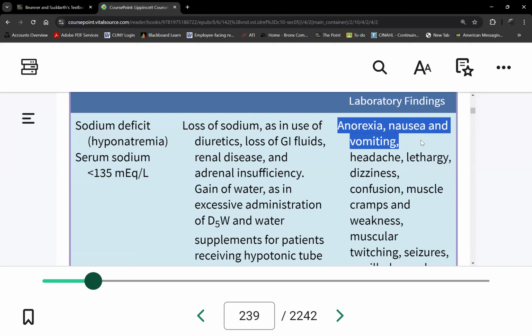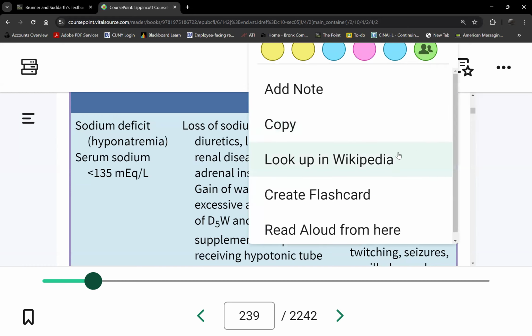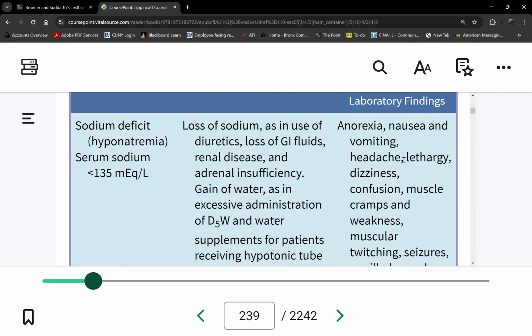So if you don't have any appetite, you have nausea and you're vomiting, what happens to peristalsis? Why do you have these manifestations? Is there peristalsis? There is decreased peristalsis. Okay, so let's move on. Headache. So remember earlier, we talked about edema. So if sodium is low, according to osmosis, what will happen to the brain cells?